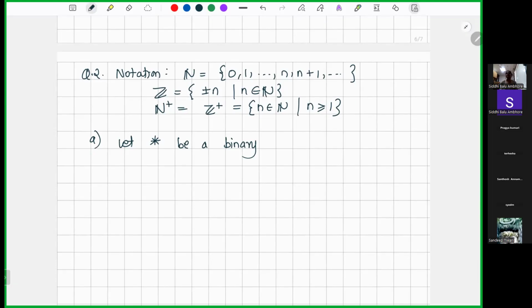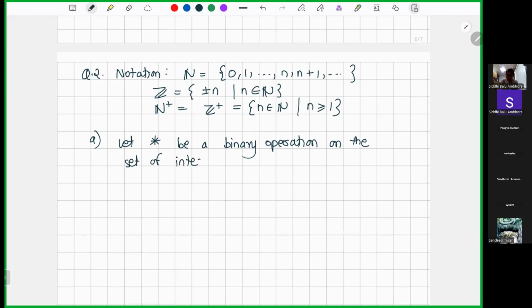And if we are asked to check whether the set forms a group under that operation, then we have to check the closure property, and that's how we get that the given operation is a binary operation. But here they have said that star is a binary operation, so we do not need to check that it satisfies the closure property.